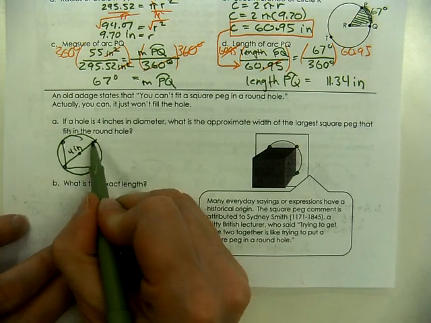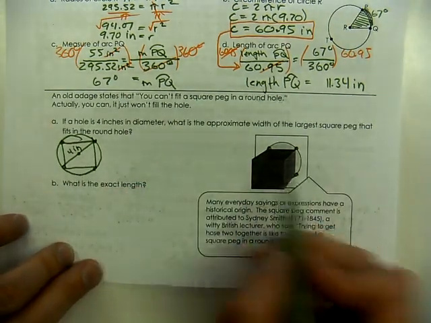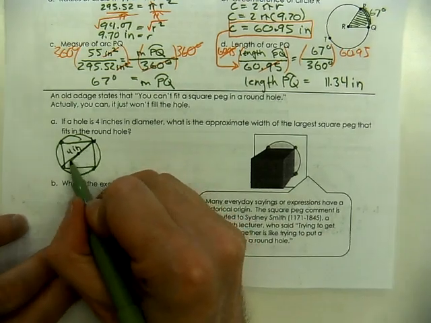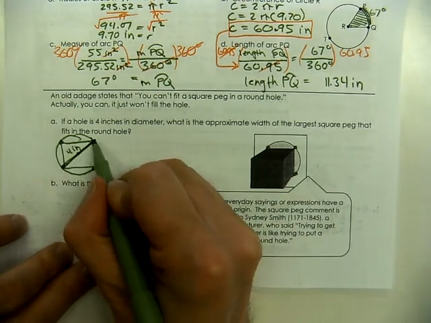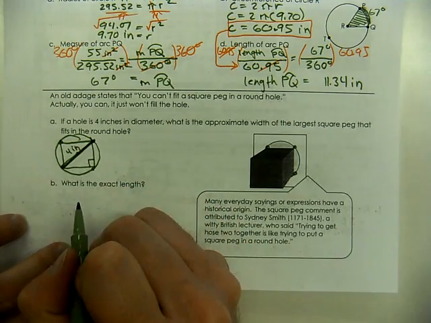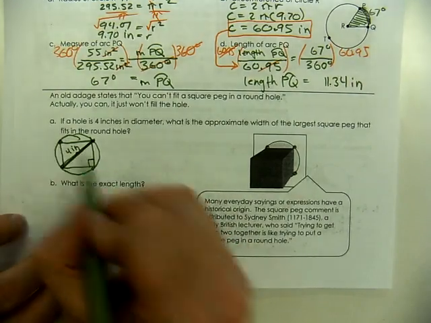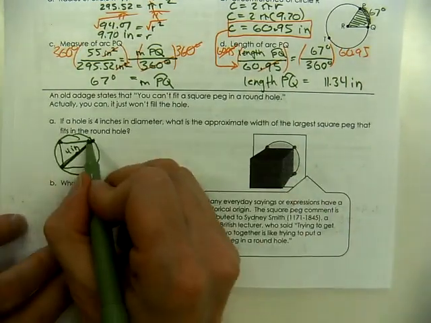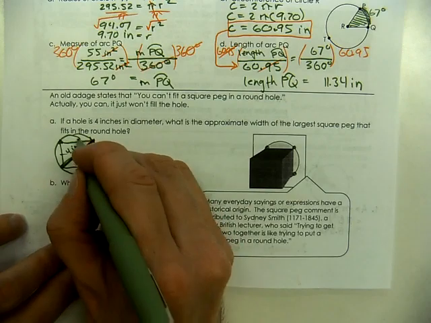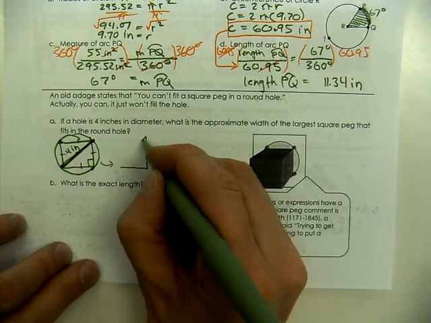So this might look more rectangular, but it's supposed to be a square. And what I'm trying to do is draw a diameter of the circle that is also a diagonal of the square. Notice we have a right angle. Because that's a square, again, it looks like a rectangle, but it's a square, that means you have 4 congruent sides. So take a look at what kind of triangle you have right there.